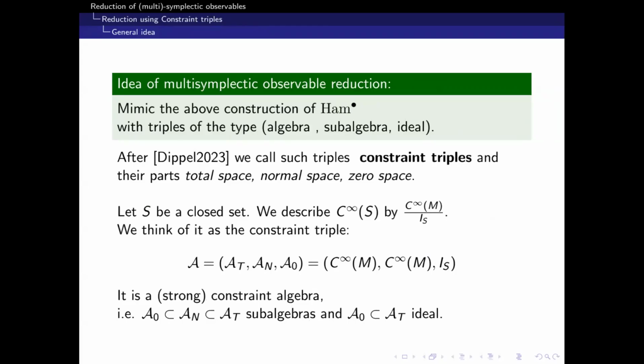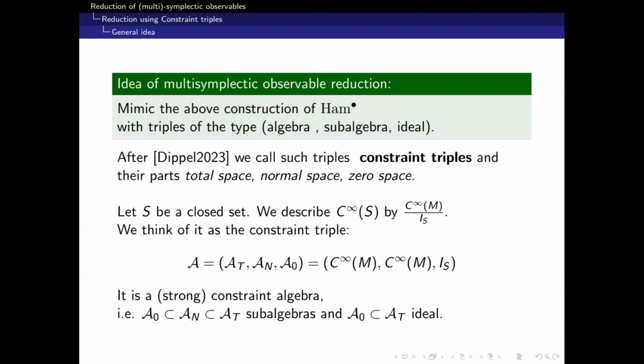So we know what constraint algebras are, constraint modules, constraint tensor products, constraint derivations, etc. More or less at the same time as he was developing the algebraic theory, we found this multisymplectic observable reduction by hand. And after that, when we met and discussed, we found out that it fits into the framework developed by him. And I'm going to present it to some extent in terms of this framework.